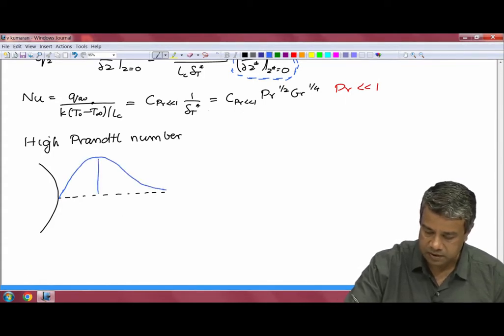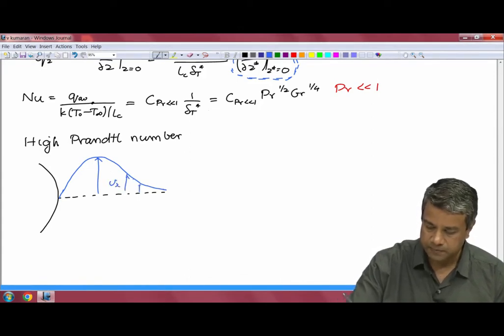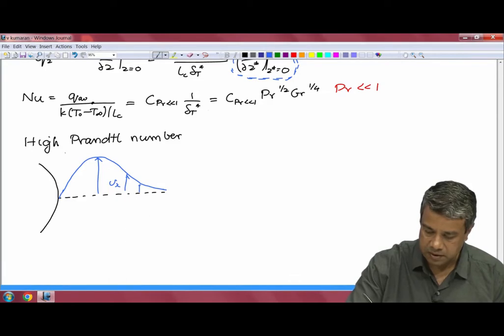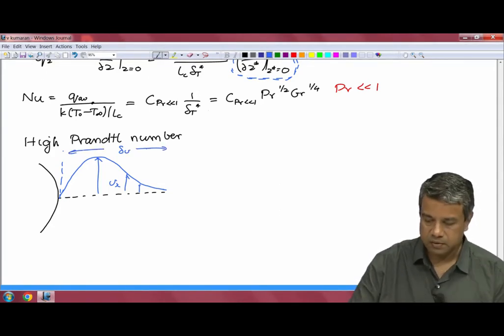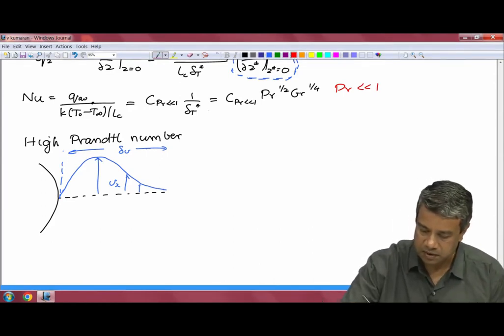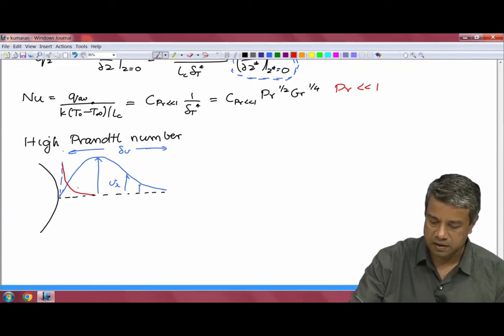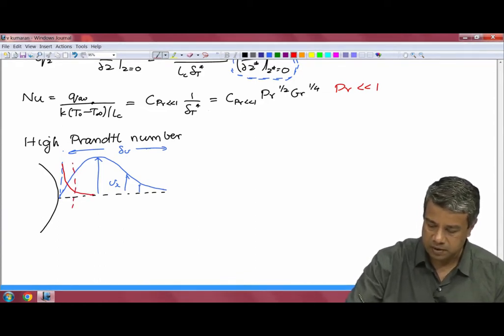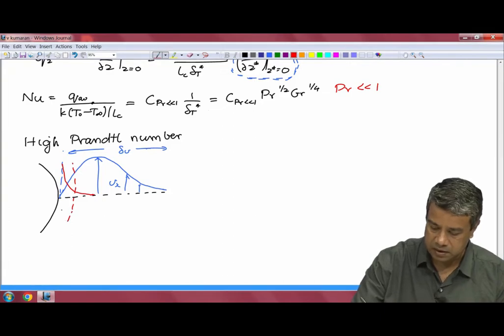This is the velocity Vx, and this will be the boundary layer thickness, delta V for the velocity field. This one you would expect to be much larger than the boundary layer thickness for the thermal boundary layer, which decays over a distance comparable to the thermal boundary layer thickness delta T.